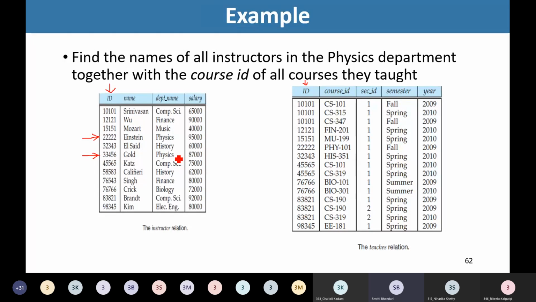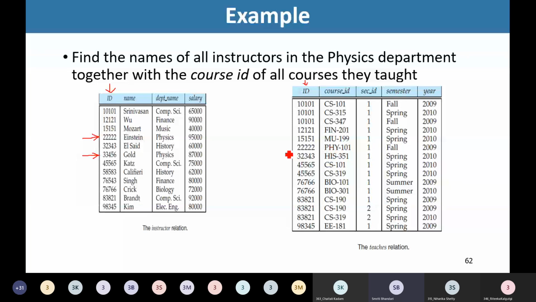So we are interested in finding the tuples in the teachers relation belonging to these two IDs, because these IDs belong to physics department instructors, right? So we need to find the tuples in the teachers relation that match the ID of the instructor from the physics department.